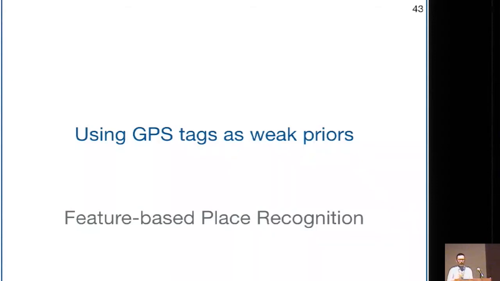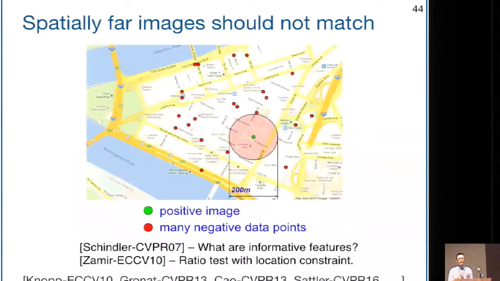the approaches I have introduced so far are sort of modifications of the general image representations. But the database images are geotagged. We can use that information to improve the place recognition performance. So how can we adapt such geographic information in this task? The key idea is that spatially far images should not match.